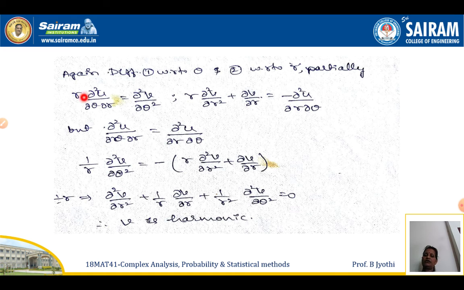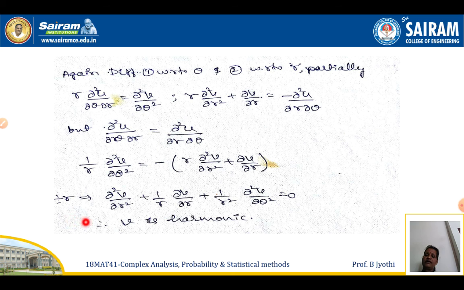Then we get r ∂²u/∂θ∂r is equal to ∂²v/∂θ², r ∂²v/∂r² plus ∂v/∂r is equal to minus ∂²u/∂r∂θ, but again ∂²u/∂θ∂r is same as ∂²u/∂r∂θ. Therefore 1/r ∂²v/∂θ² is equal to minus of r ∂²v/∂r² plus ∂v/∂r.